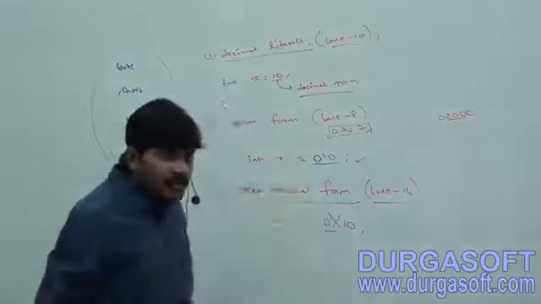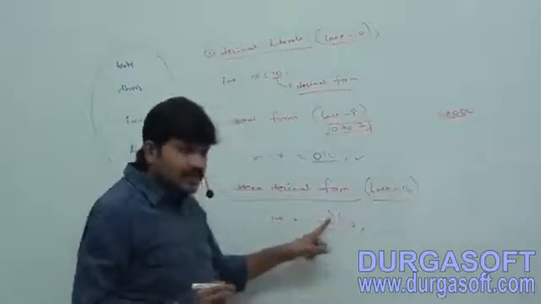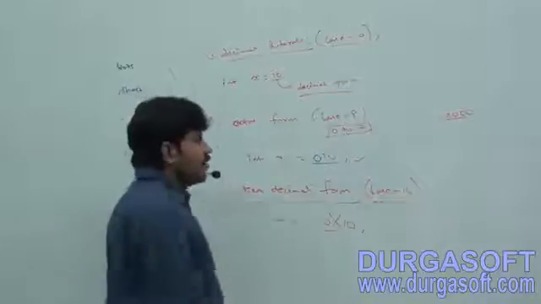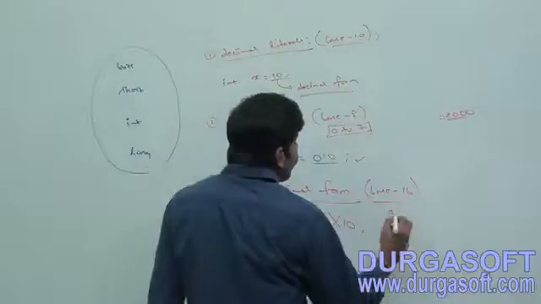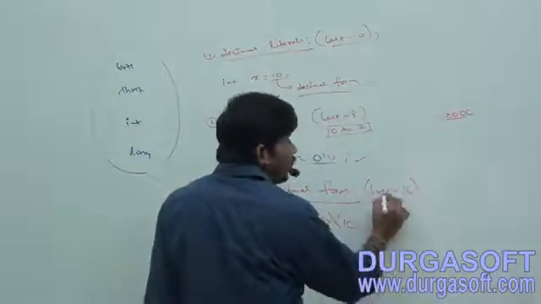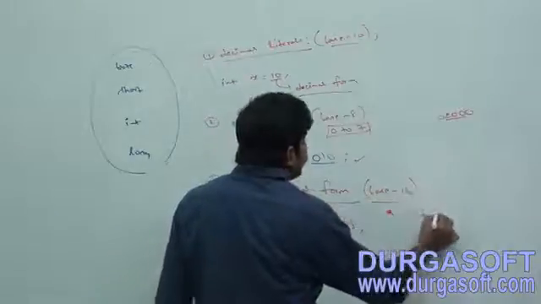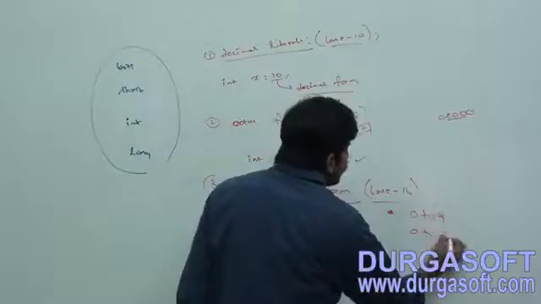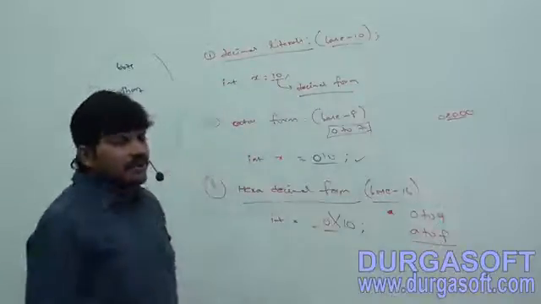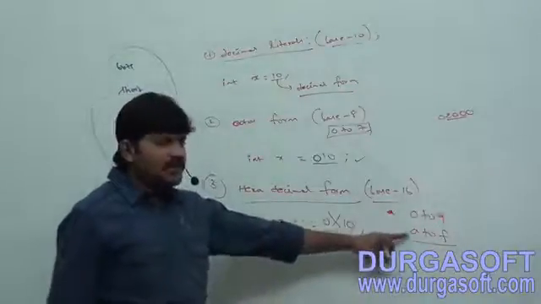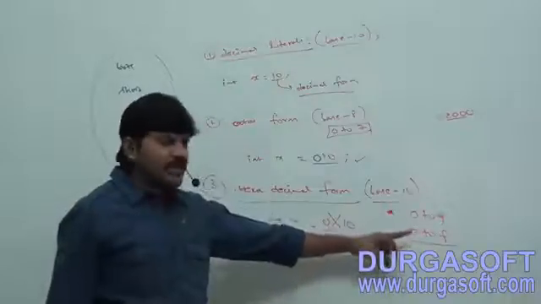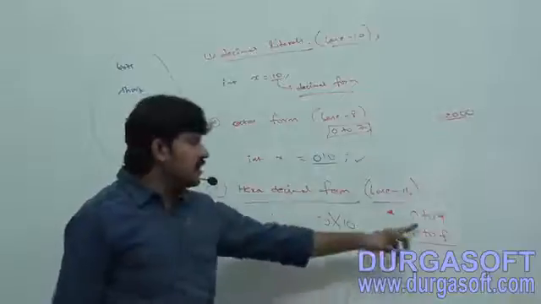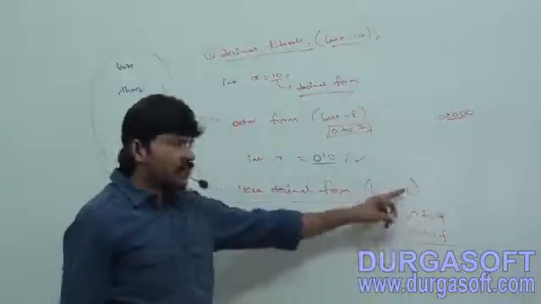If a number is prefixed with 0x, this number is treated as what? Hexadecimal, right? Here the allowed values are base 16: 0 to 9, and A to F. A means 10, B means 11, like that F means 15. 0 to 15 are the allowed digits for base 16, right?